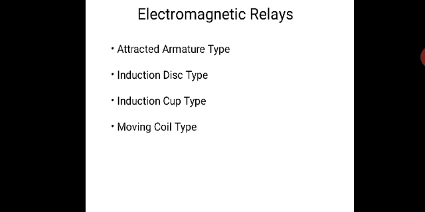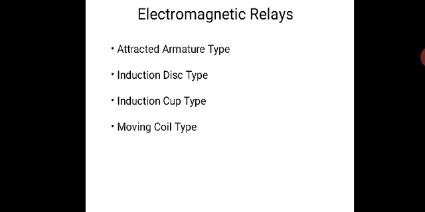There are a number of classifications of electromagnetic relay. In electromagnetic relay, first attracted armature, induction disc type, induction cup type and moving coil type. In classification of relays, there are technology-wise and function-wise relays used in power systems.